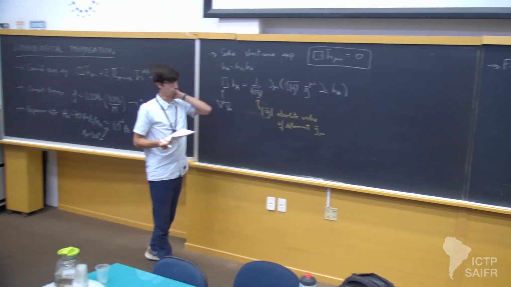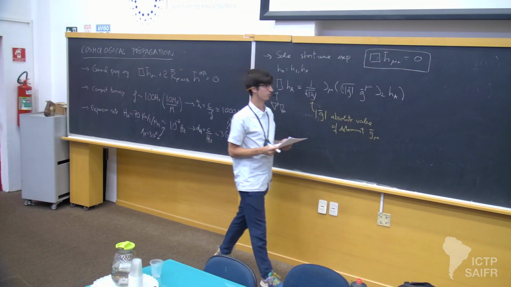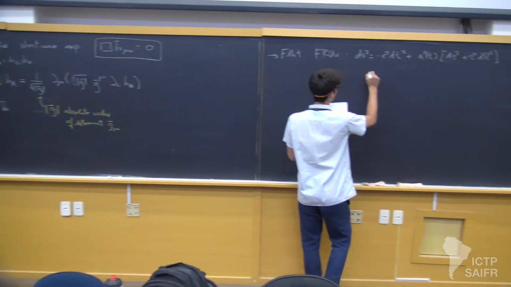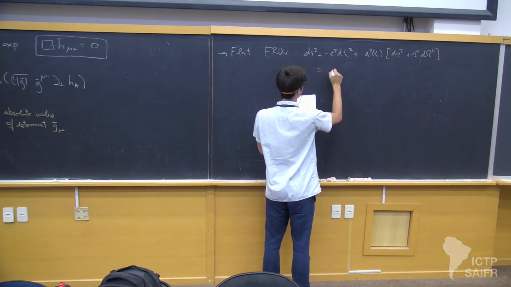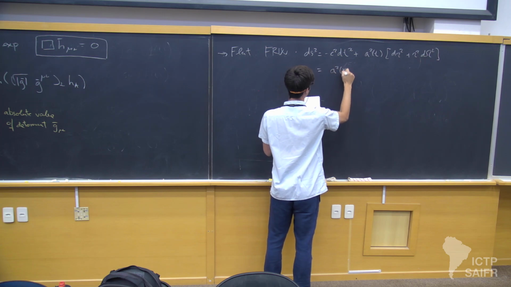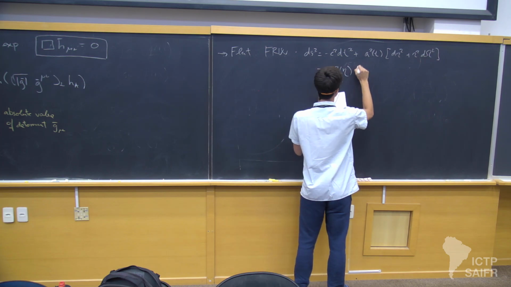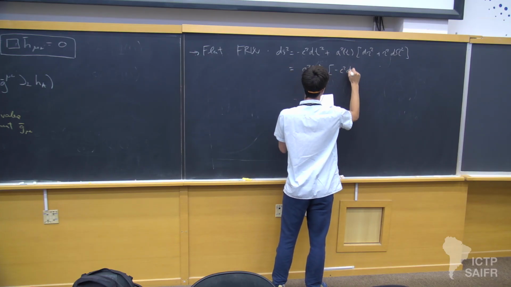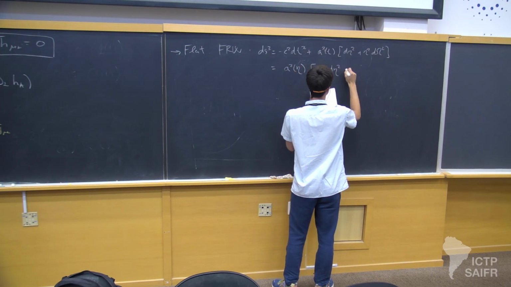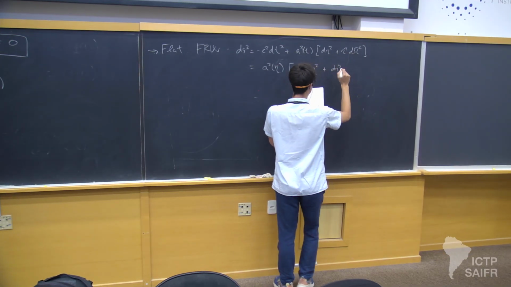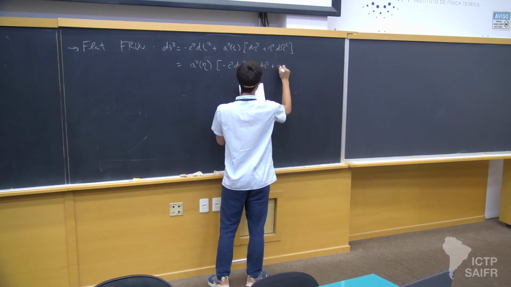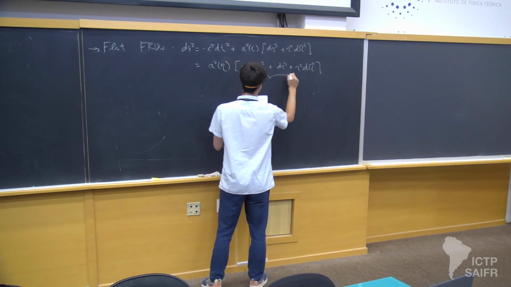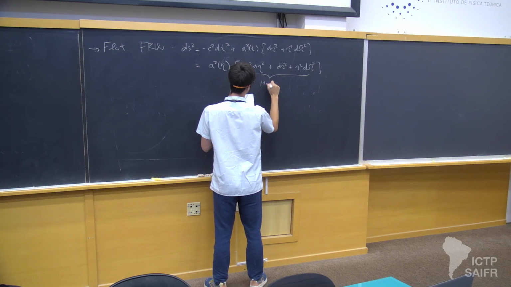So to solve the equation, it's going to be convenient to use conformal coordinates, in which we write this metric taking out the scale factor, so that we have something which is just the scale factor squared times the flat spacetime, the Minkowski metric.